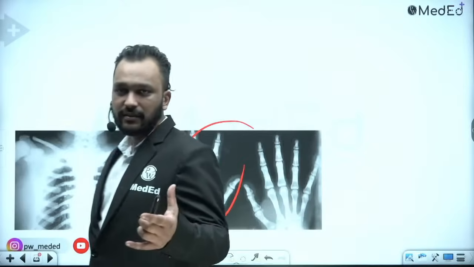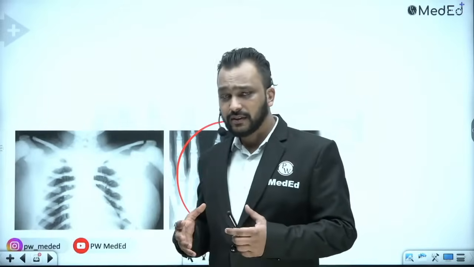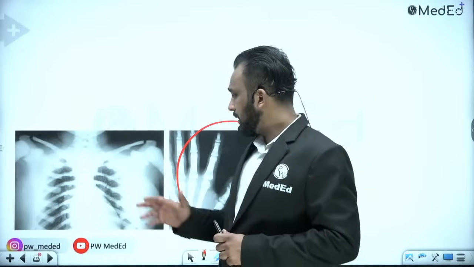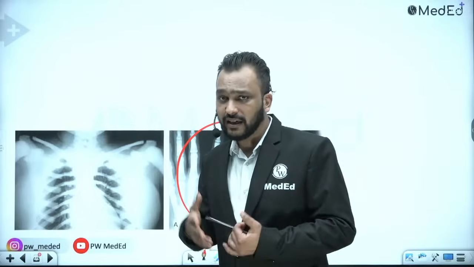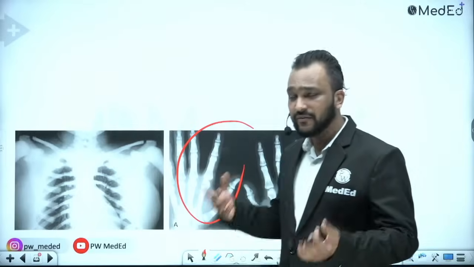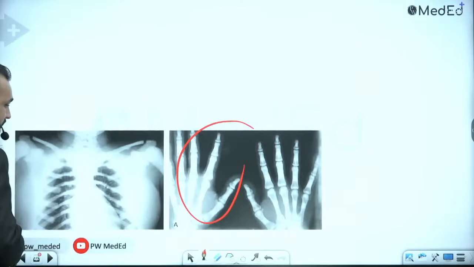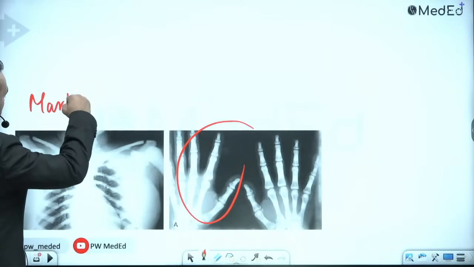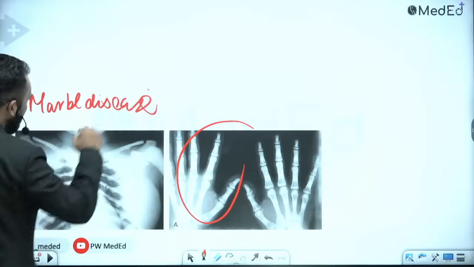So these patients have a problem in the osteoclastic activity, because of which there is increased deposition of calcified cartilage, and there is increase in the density of the bones. And these patients come with anemia, thrombocytopenia, and infections. And you will see that they will have increase in the density of the bones, also known as marble disease, because bones look like marble.